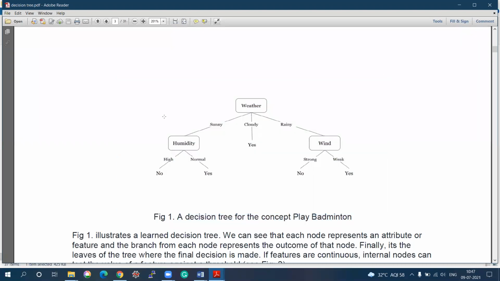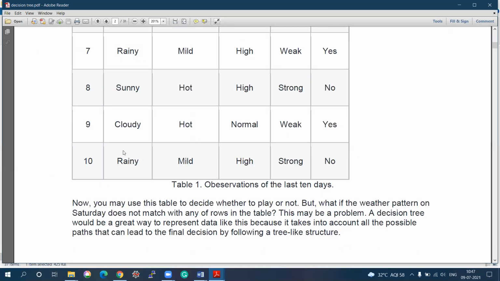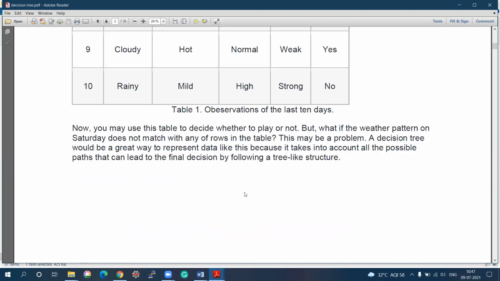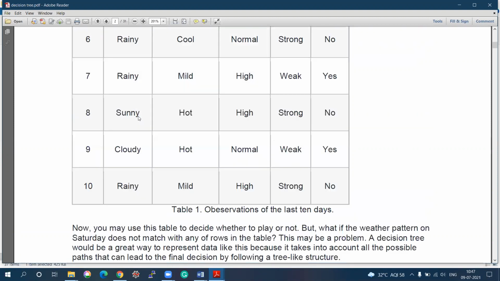generating the decision tree based on this given example, if some new instance comes, like the 11th instance, suppose the weather is raining, which means the new instance is not identical to any of the entries in the table.